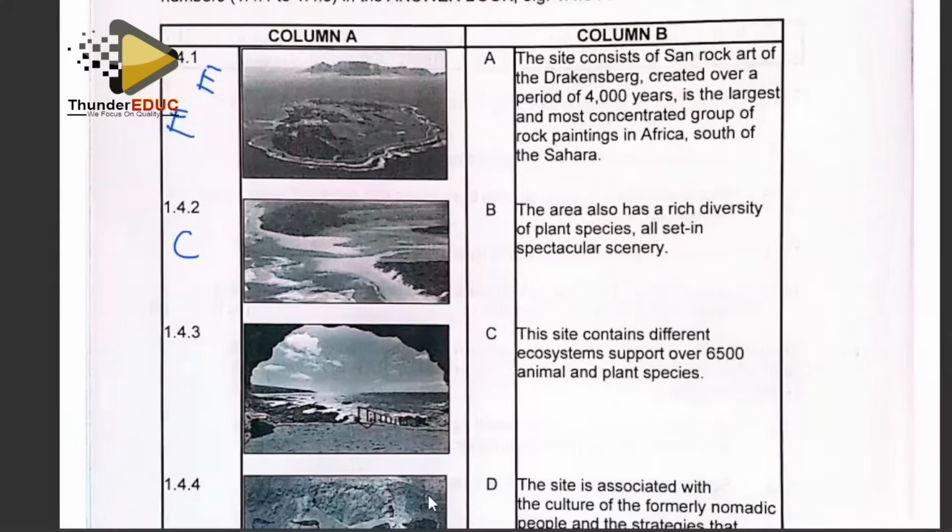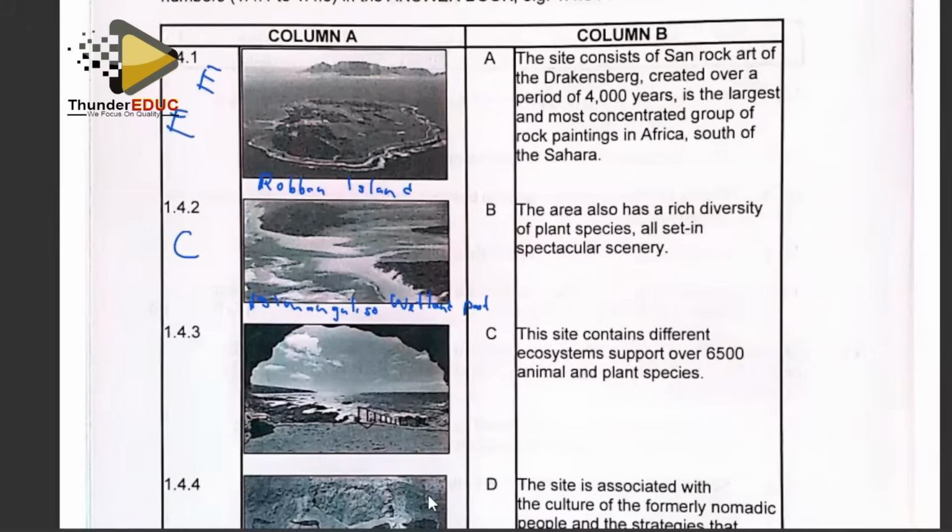So the first one is Robben Island. The second one is Mpumalanga Wetland Park, represented by the letter C.